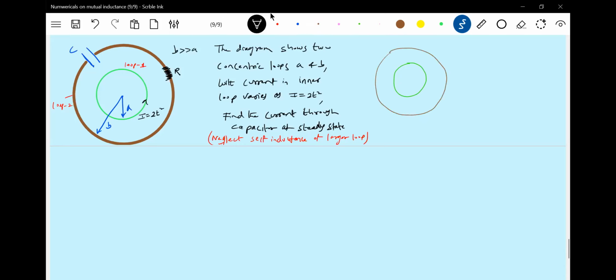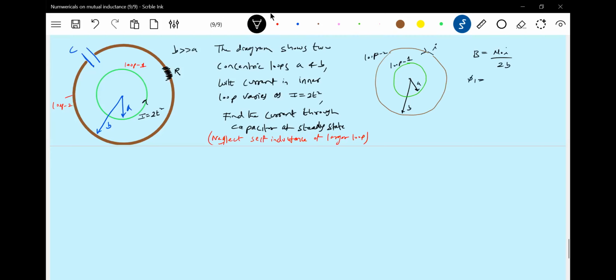Let's send a current here. Will it produce any magnetic field at the center of the loop? What is the magnetic field produced at the center of the loop? Mu naught I2 by 2b.